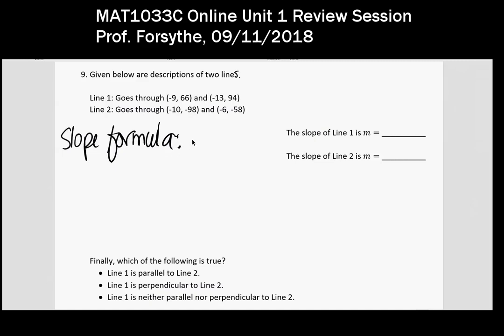The formula is m equals y2 minus y1 divided by x2 minus x1. What you basically need to do is subtract the y values divided by subtracting the x values. It can help to label the points: this is point number 1 and point number 2.